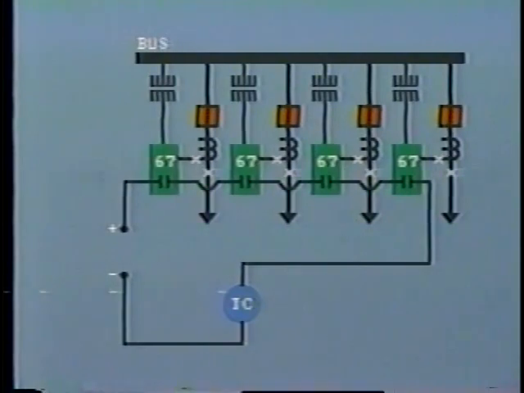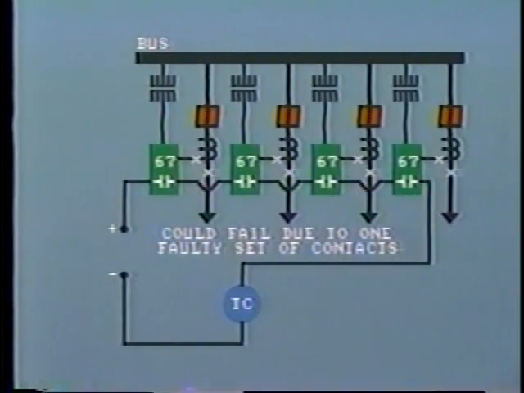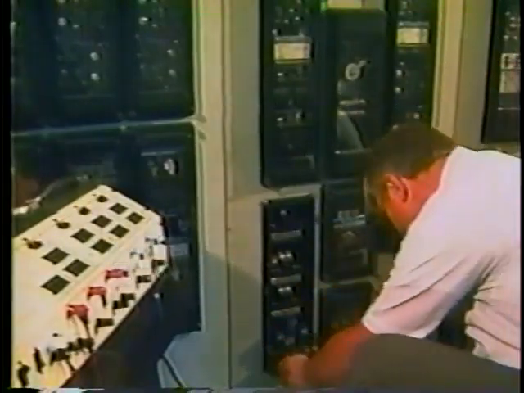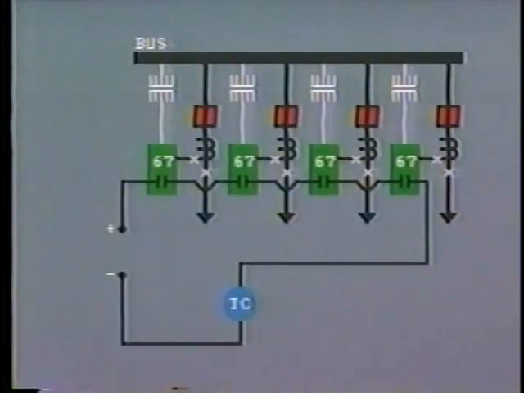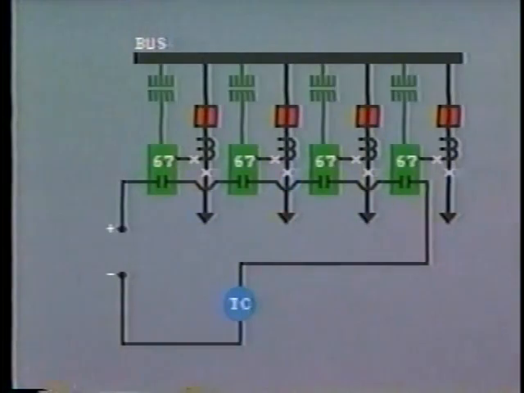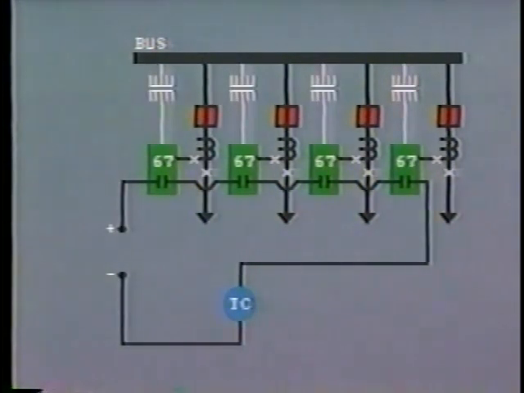Although this protection scheme appears to be very simple, it has some disadvantages. First, because there are many contacts wired in series, the protection scheme could fail to operate due to one faulty pair of contacts. So careful maintenance is necessary with this system. Another problem is that the directional relay requires a polarizing source.